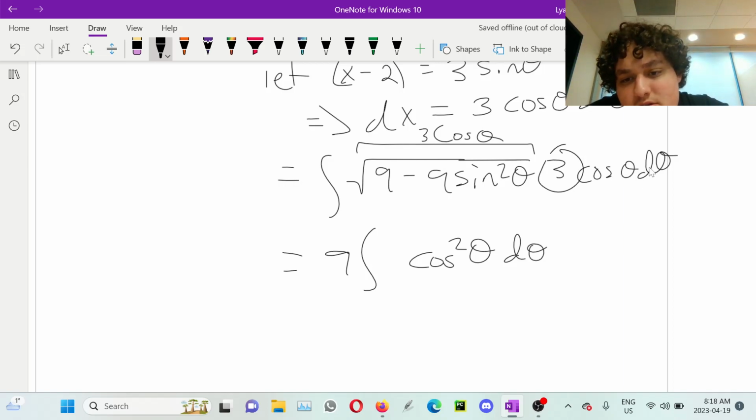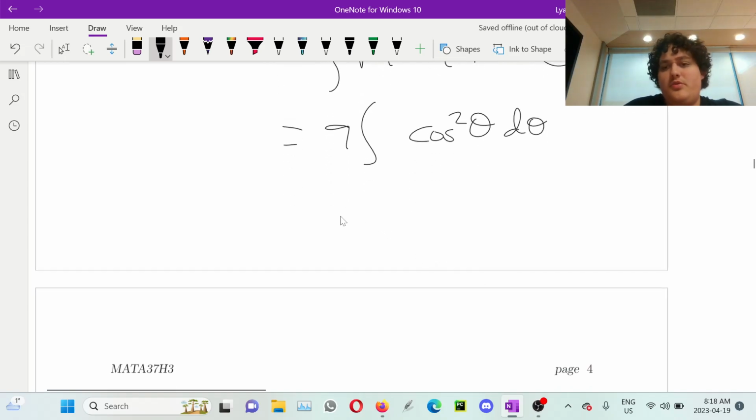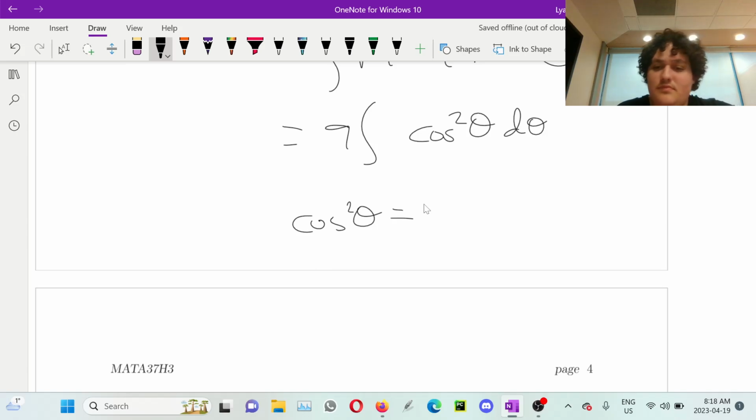Okay, so now we have to somehow solve this integral. We can simply use the half angle or double angle identity to do this. We know that cos squared theta is equal to... sorry.